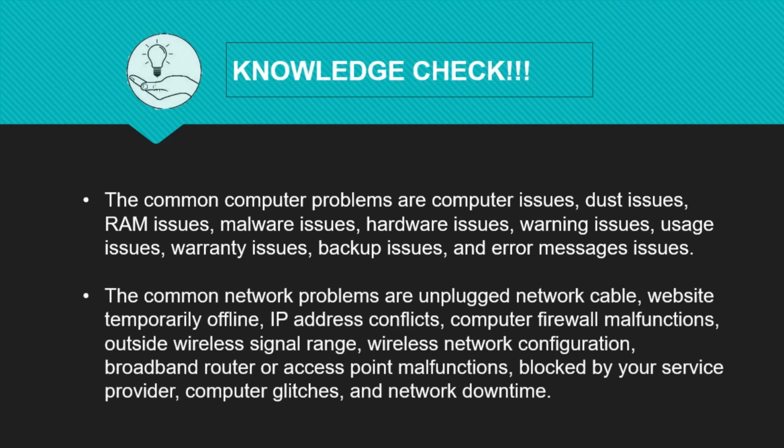While the common network problems are unplugged network cable, website temporarily offline, IP address conflicts, computer firewall malfunctions, outside wireless signal range, wireless network configuration, broadband router or access point malfunctions, blocked by your service provider, computer glitches, and network downtime.